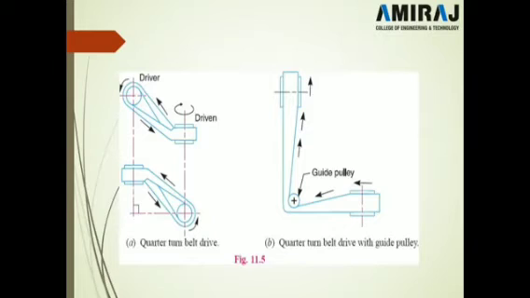How? In the quarter turn belt drive, two pulleys are used at different axes, perpendicular, not coincident or coplanar, right? In the running condition, the vibration produced in the belt drive is heavy, and due to the heavy vibrations, the creep phenomenon occurs in the belt.